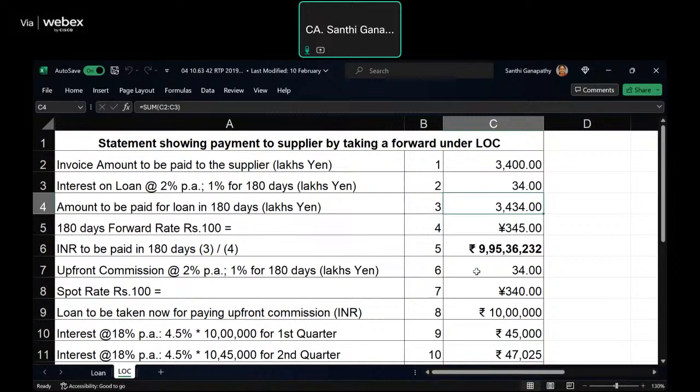But you will have to pay an upfront commission, so that you will have to take at the spot rate. So for that commission, how much will be the loan to be taken? For that, how much is the interest? Then we will see what is the total.